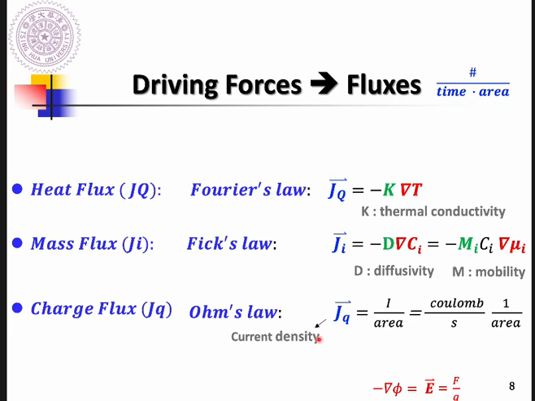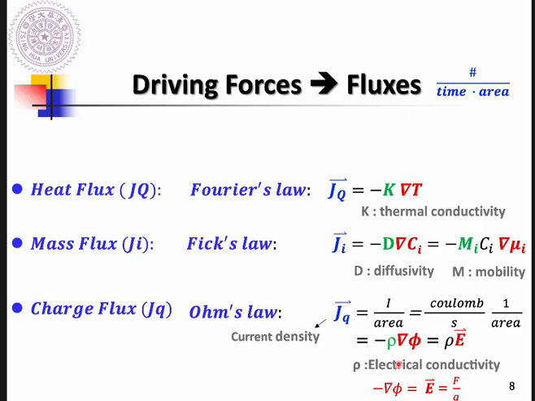The more famous form of Ohm's law is that it equals the negative of the electrical conductivity times the electrical potential gradient. And the negative electrical potential gradient equals the electrical field, so you can replace this with E.